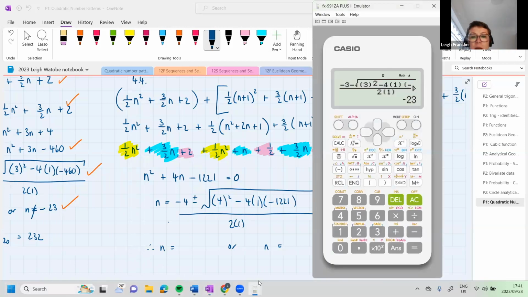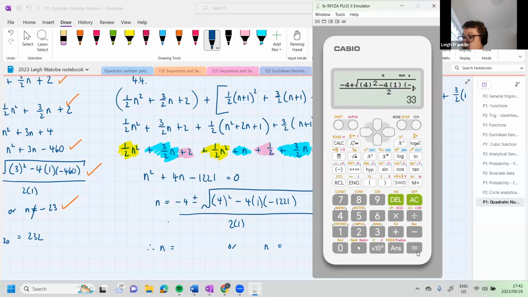Mamelo, I'm going to pull up my calculator and go with plus root of 4 squared minus 4 times 1 times -1221, and all of that is over 2 times 1, which is going to give me 2.